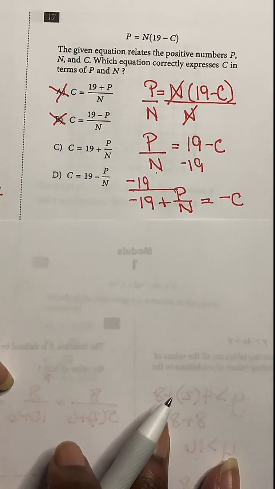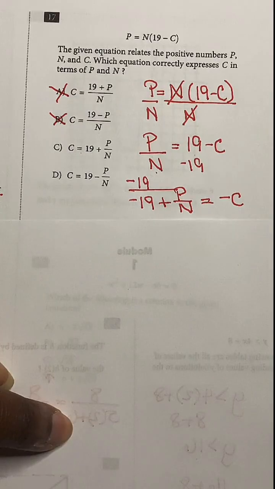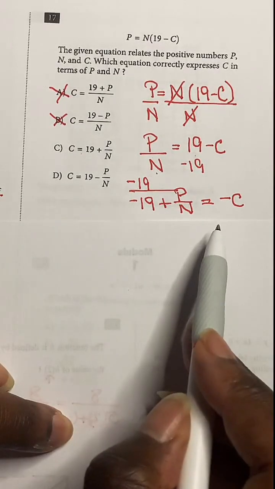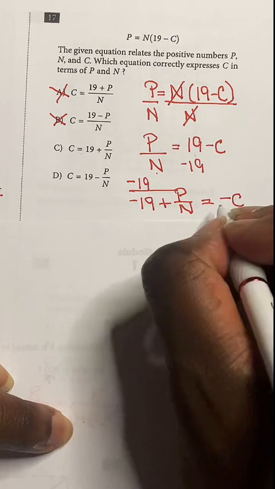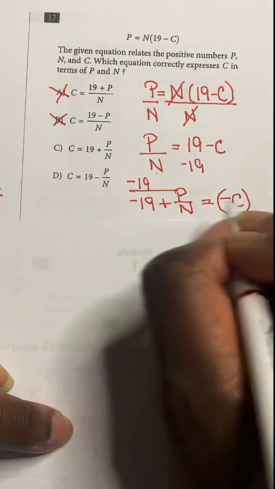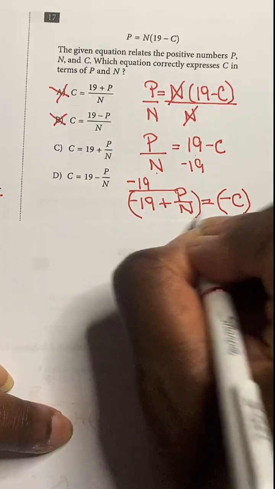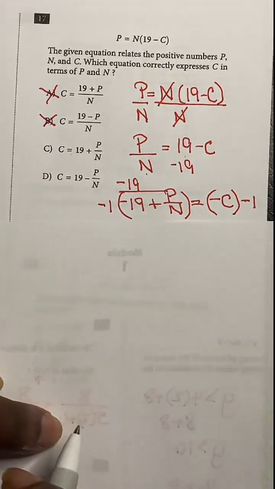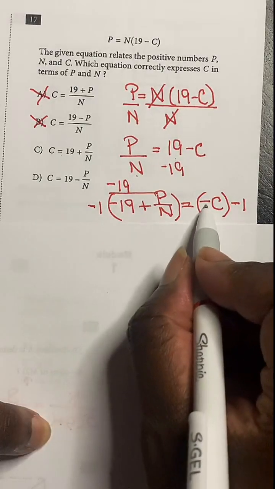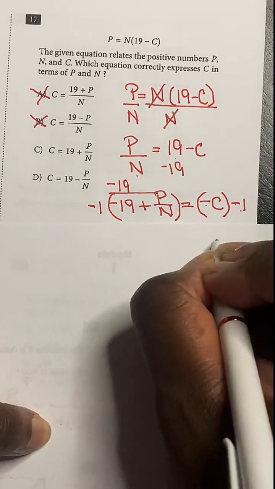Okay? So right now, I need to divide everything or multiply everything. I think that'll be a lot better. Multiplying everything by -1. The reason why I want to do that is because a negative times a negative gives me a positive.